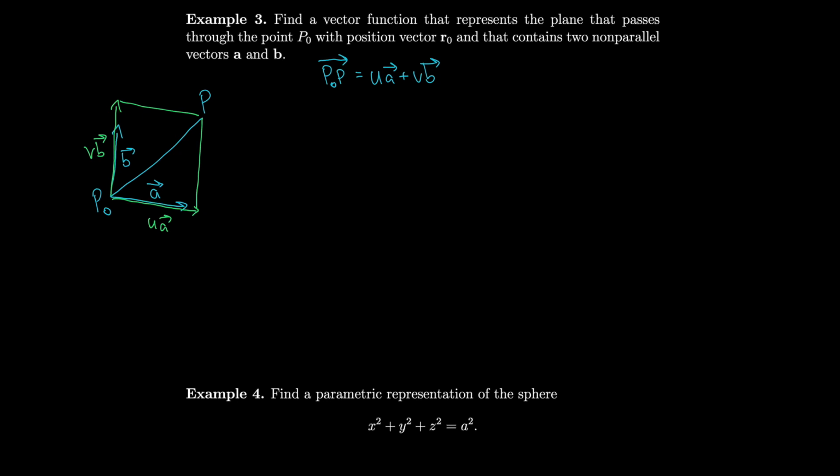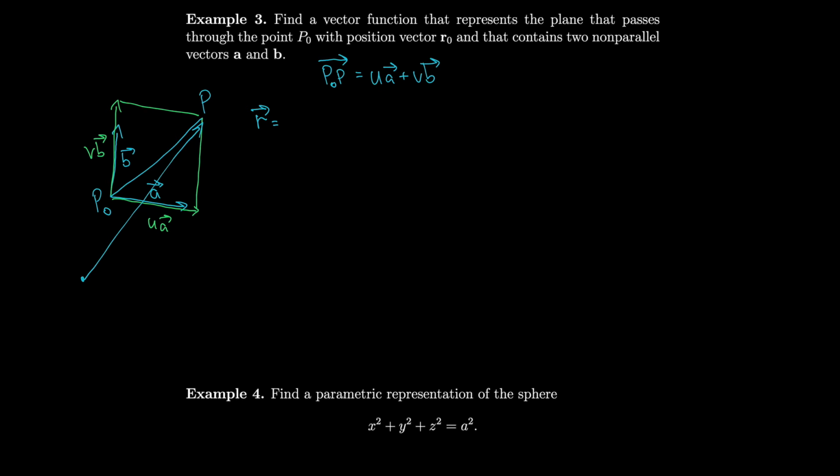So that means that the position vector r could be the vector that goes from the origin, let's say the origin's over here, to P. So r is the vector that points at any point in our plane, and it builds our plane for us.